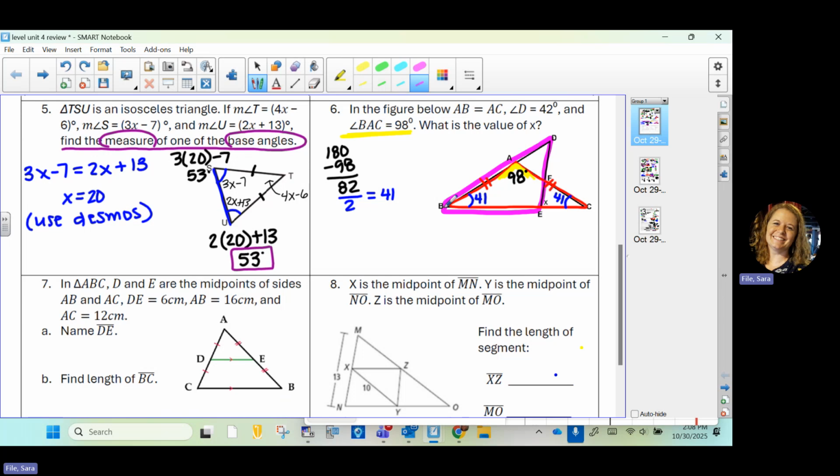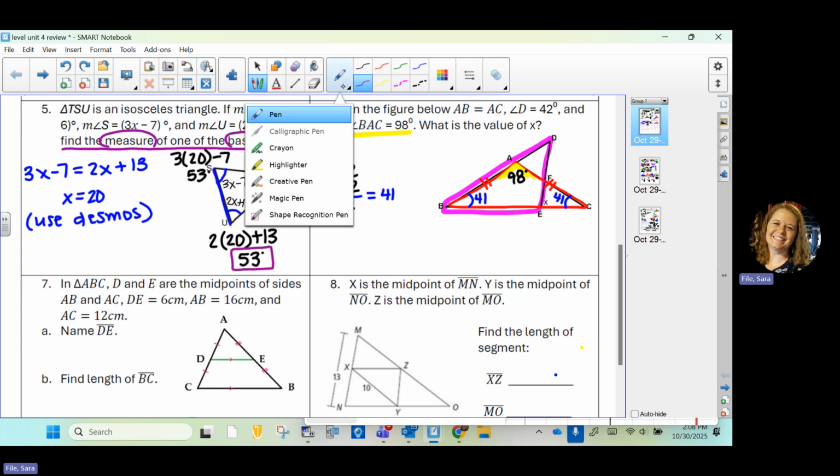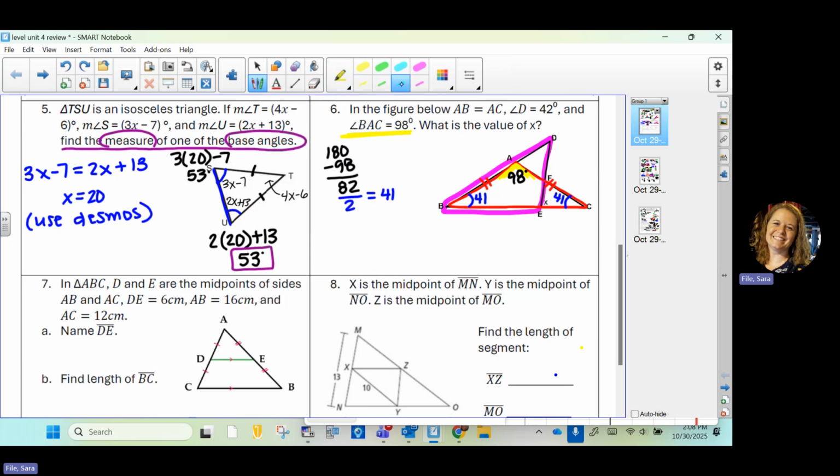Pink, purple, whatever that is to you. In that triangle, they told us that the measure of angle D, that's here, is 42. So I'm going to label that. Up here is 42. So in the purple triangle, I know the 42 and I know the 41.